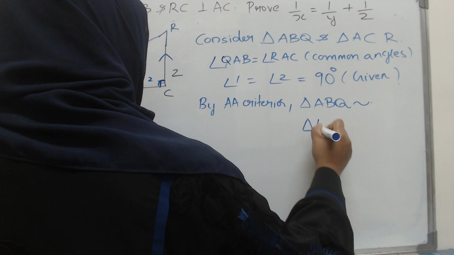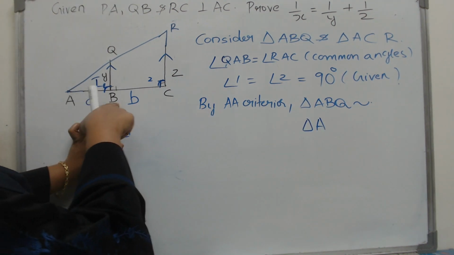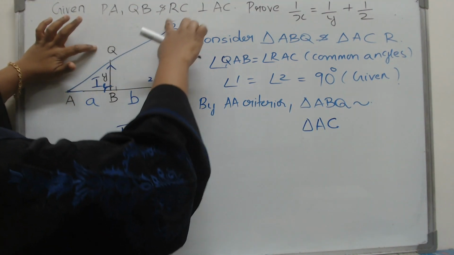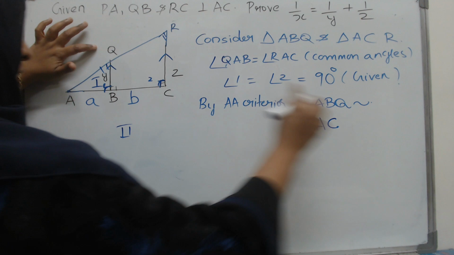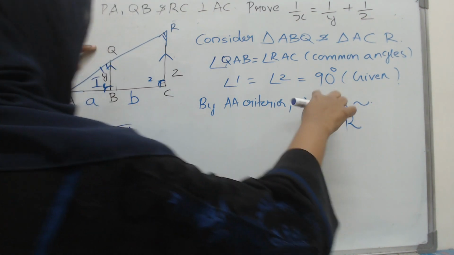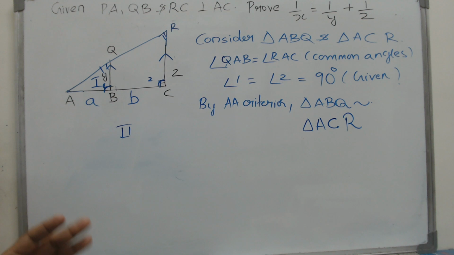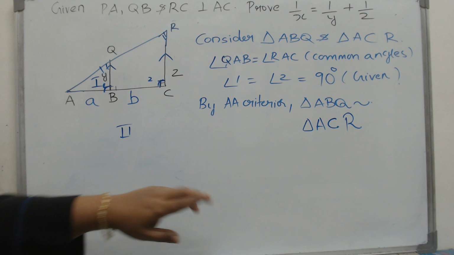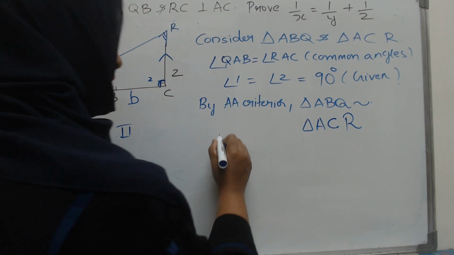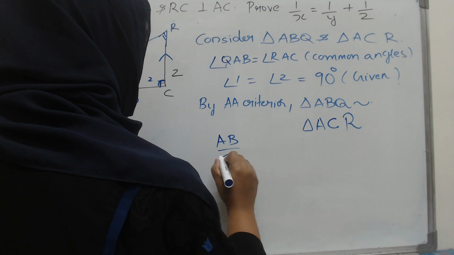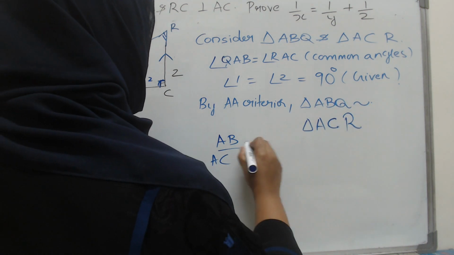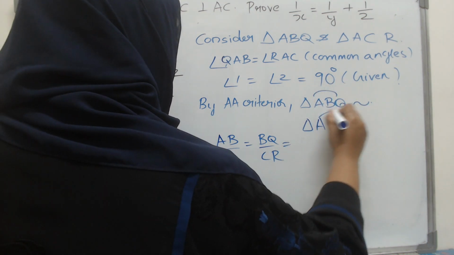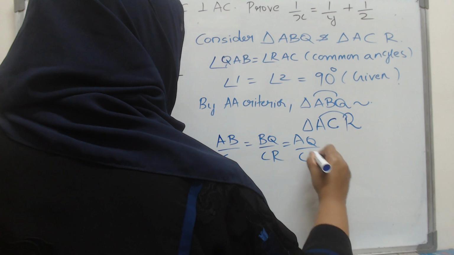So here A and A are equal, B and C are equal, so where you see B you put C. Q and R are equal, which means where you see Q you put R. This is the name of the two similar triangles, which means the ratio of the corresponding sides will be equal. The first side here, the first side here, second side here, the second side here, and the third side here and the third side here, they are all equal.